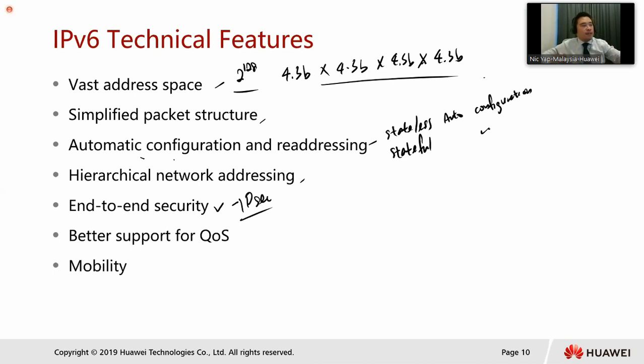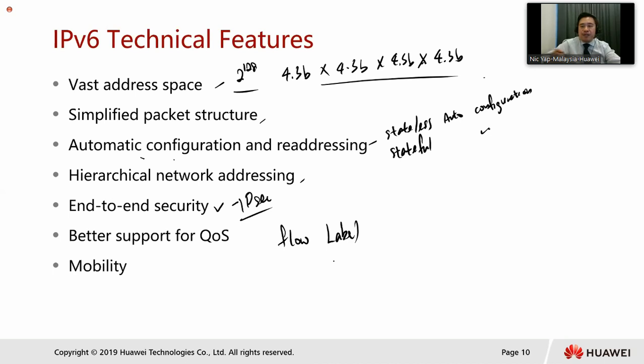And the next one is better support for the QoS. For the QoS information over here, they allow a more in-depth classification. They call this the traffic class, and the other one is called flow labels. They have one specific field called flow labels.